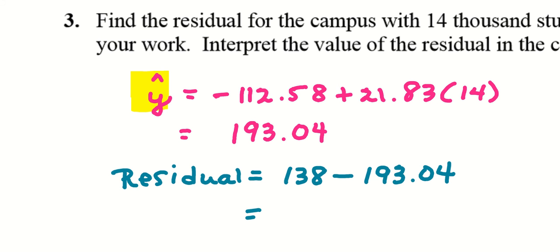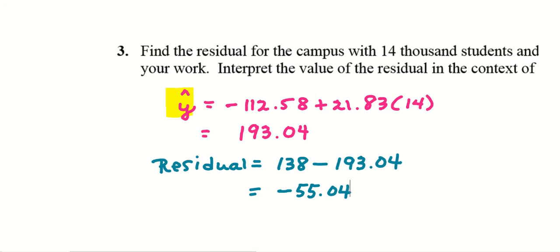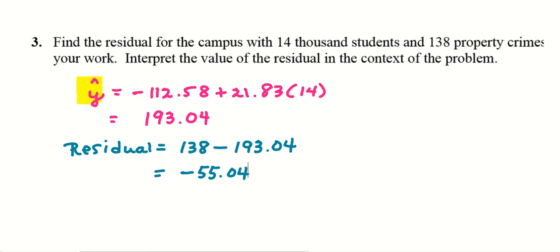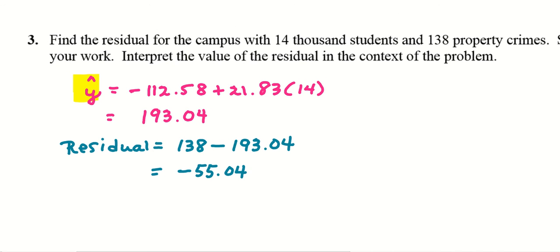We get negative 55.04. And to interpret this in the context of the problem, you might say something along the lines of the model over-predicted the number of crimes, and it over-predicted by about 55 crimes total.